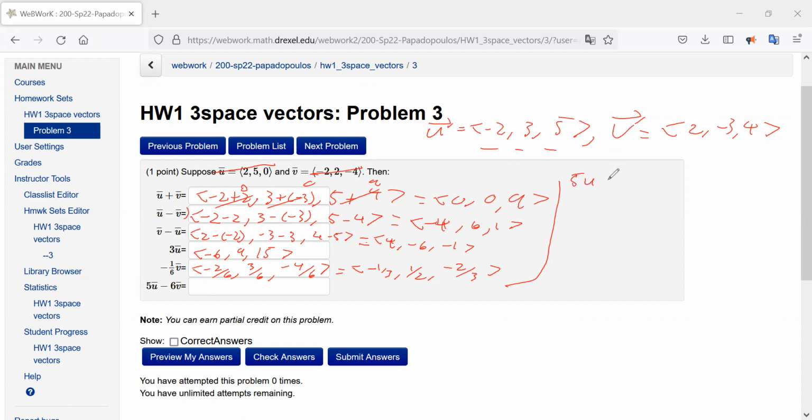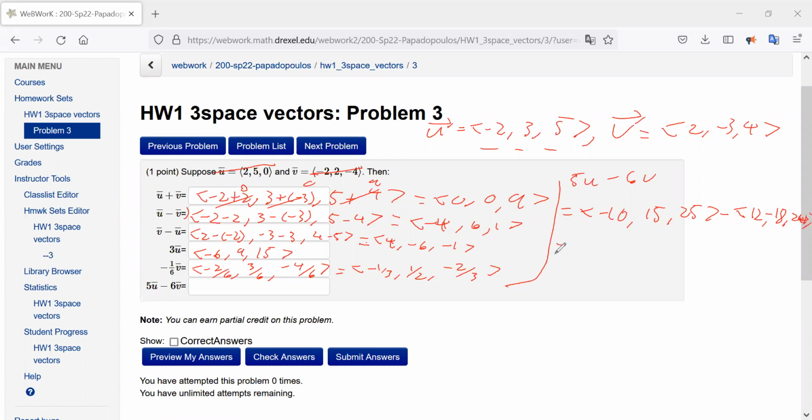So 5u minus 6v is going to be equal to, that becomes negative 10, 15, 25, minus 6 times v, so that's going to be 12, negative 18, 24.